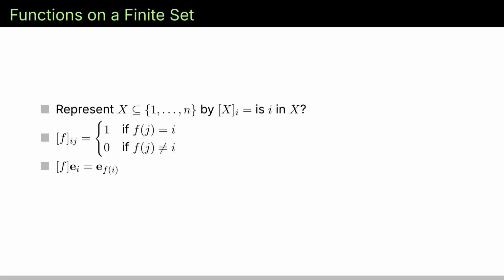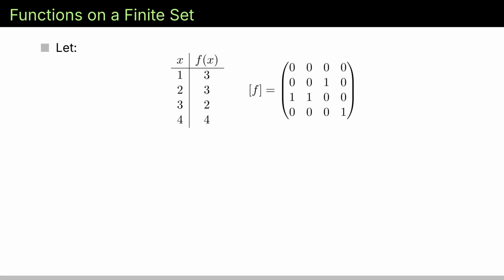And very nicely, using this notation, the matrix for f applied to e sub i will give us e sub f of i. So for example, if we have the following function on the numbers from 1 to 4, we can represent it as this matrix here.